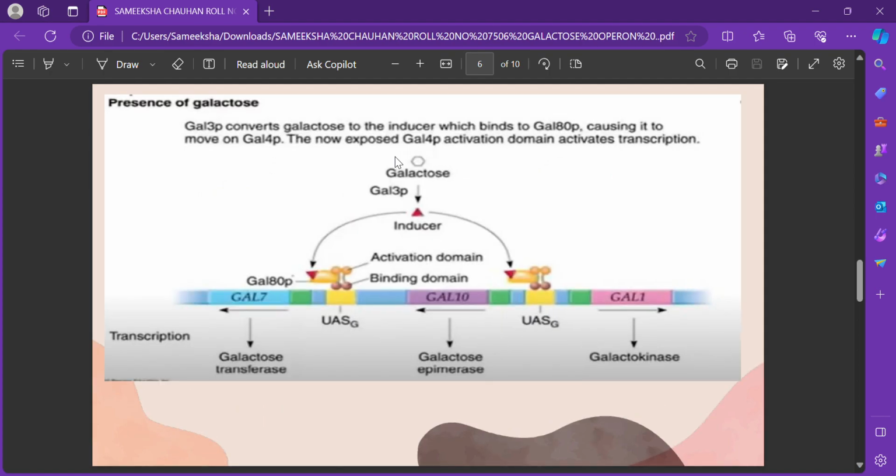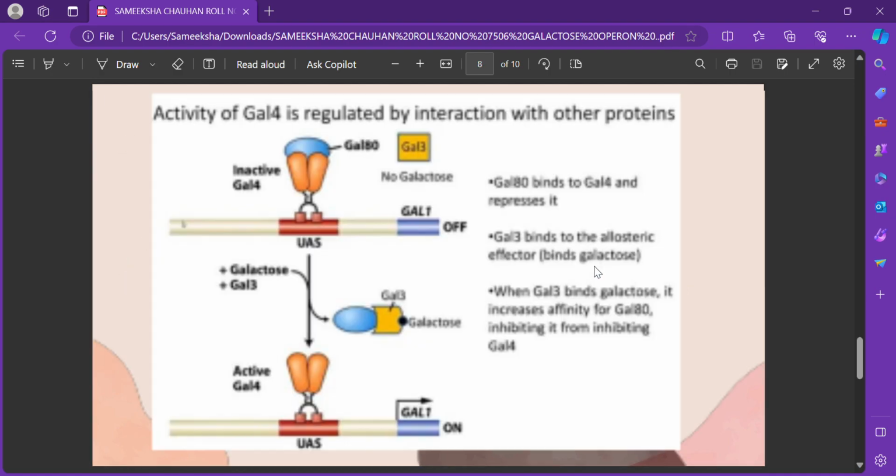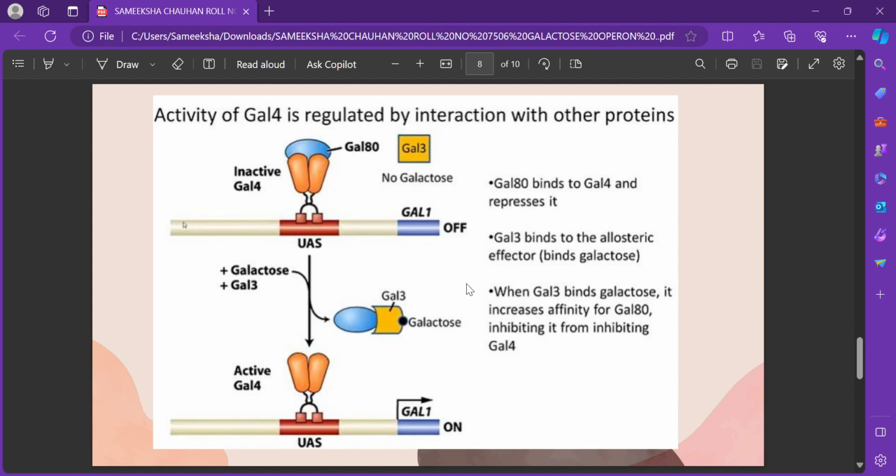But what if the galactose is present? This is an image. Apart from this, I have a better image over here where galactose then interacts with our GAL3P protein, which is always there in the system, but its importance occurs when the galactose is present.